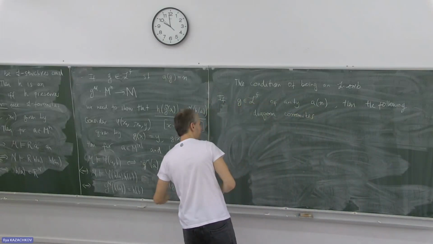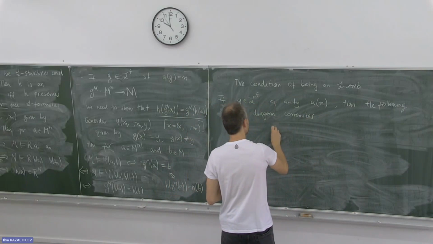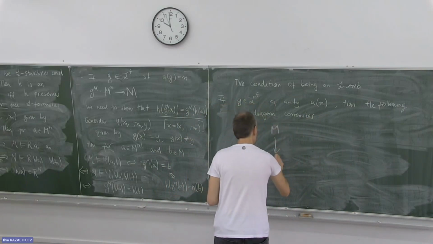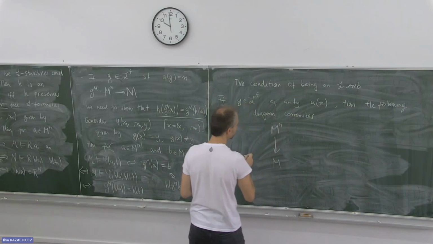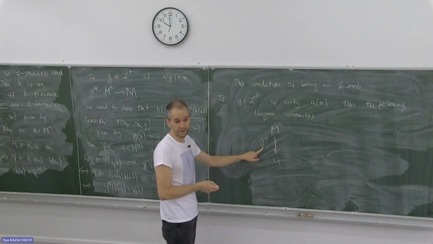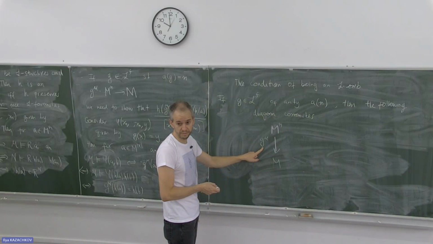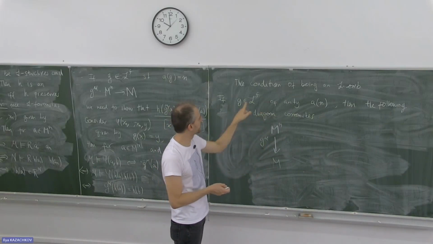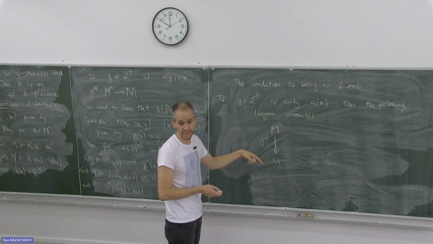And the diagram is the following. I have here M to the N, and here I have this function, which is the interpretation of my function symbol. This is how I interpret this symbol in my structure M. It gives me a function.